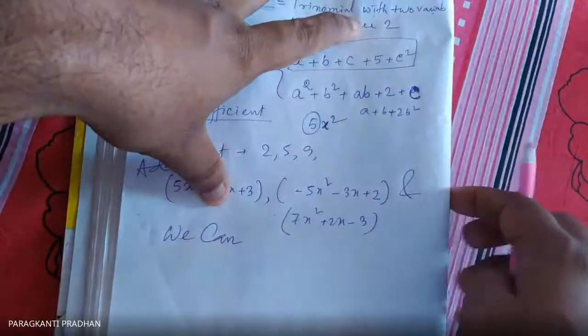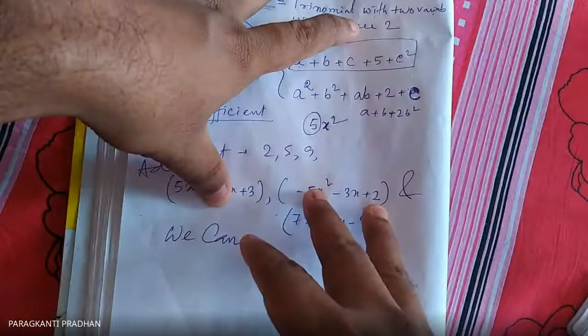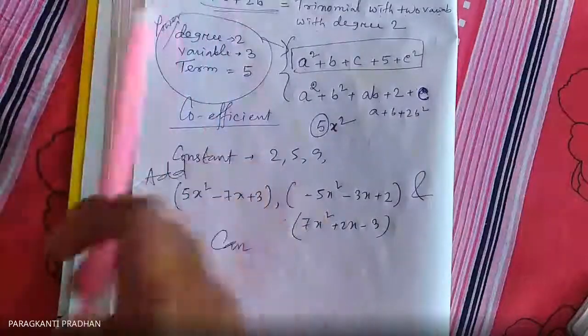Those are talking so much. Please stop, because I'm teaching you first. Sir, I have a doubt. Sir, you said that B and 2B are not like terms? A and B are different.